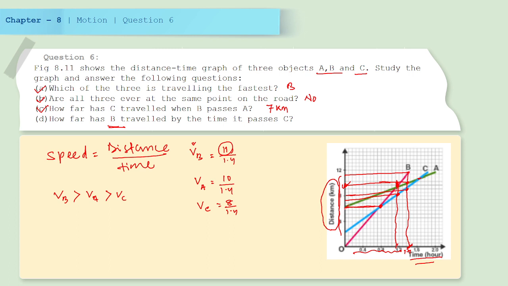The distance axis shows it is between 4 and 6 kilometers, so you can count and it is approximately 5 kilometers. So when it passes C, B has traveled approximately 5 kilometers, and C has also traveled the same, of course, right?